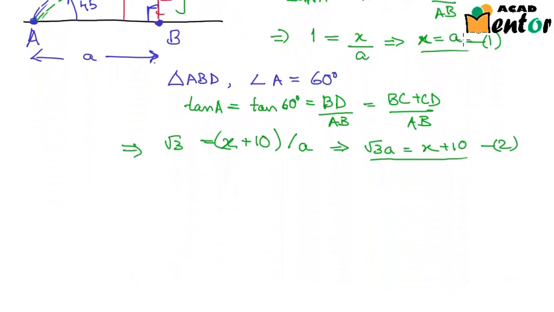Let's just solve equations 1 and 2. So if I replace a by x in equation 2, I would have root 3 x is equal to x plus 10. This would imply root 3 minus 1 times x is equal to 10.